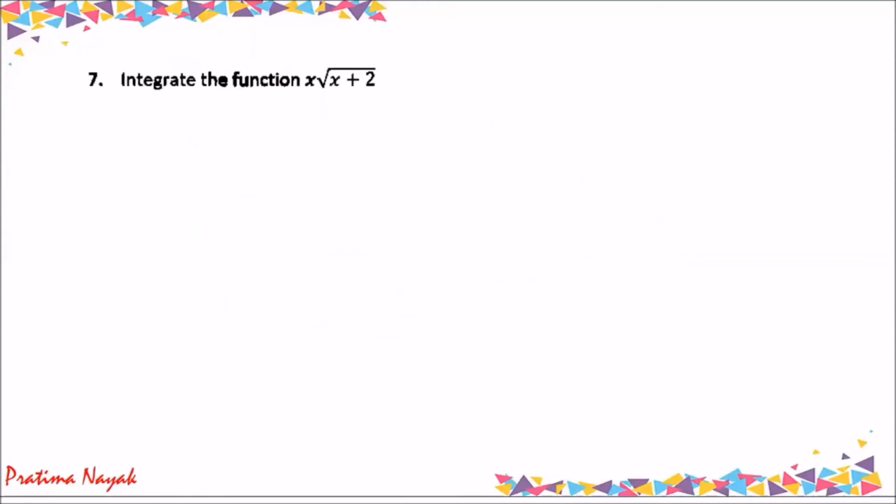Next, question number 7. Question number 7 is the integration of x into under root x plus 2 dx. So which function is t? Of course, what is inside the root, I'll take as t. The free x cannot be t; I cannot replace under root x plus 2. So I'll write x plus 2 is equal to t.